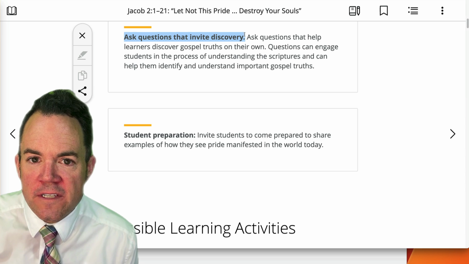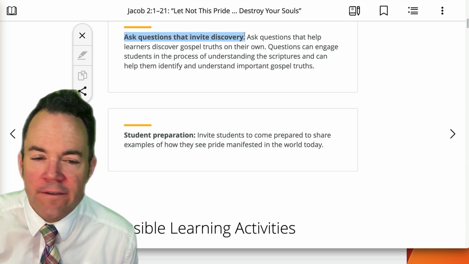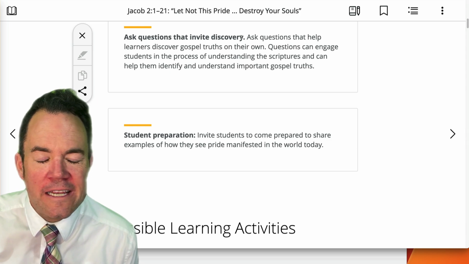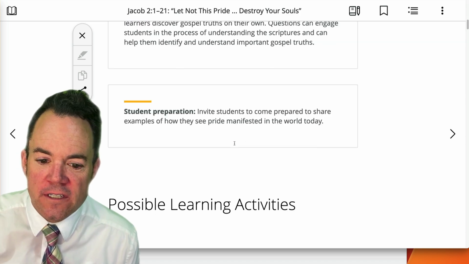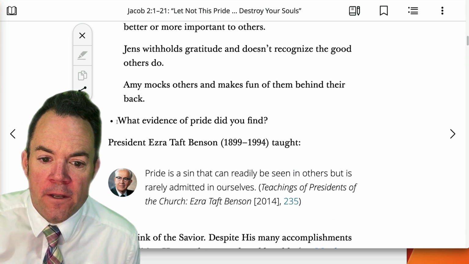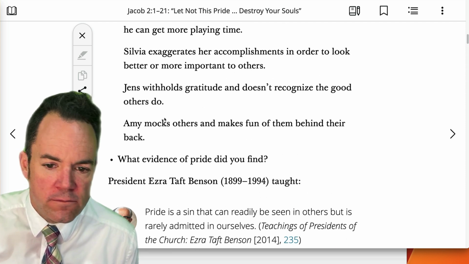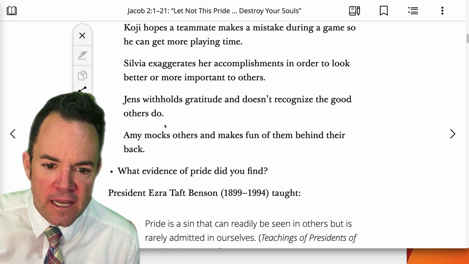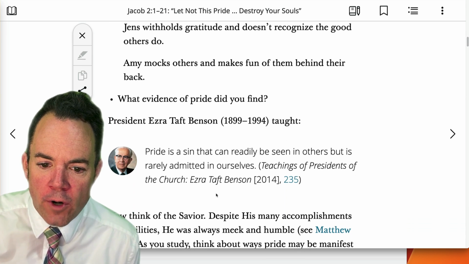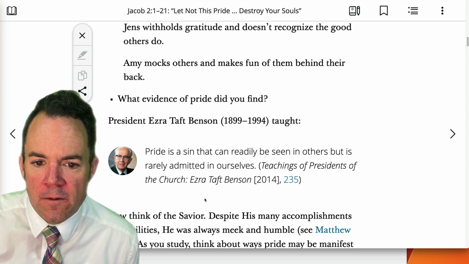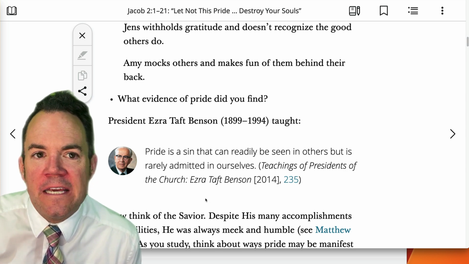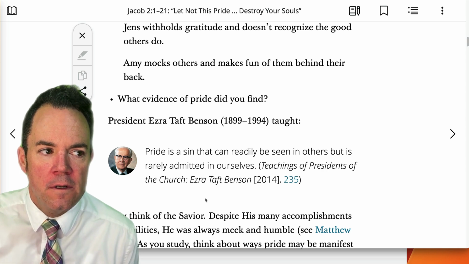Now, there are a couple of examples of questions that never invite discovery. Yes/no questions will hardly ever invite real discovery. So, for example, if you discuss the negative aspects of each of these scenarios, you eventually boil it down to pride, and you say, "Is pride hard to detect in ourselves but easy to detect in other people?"